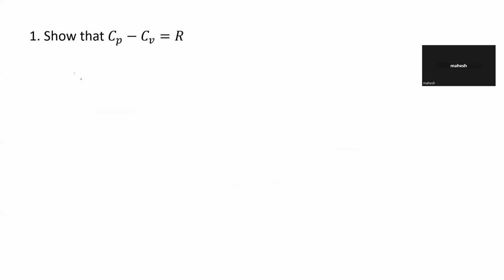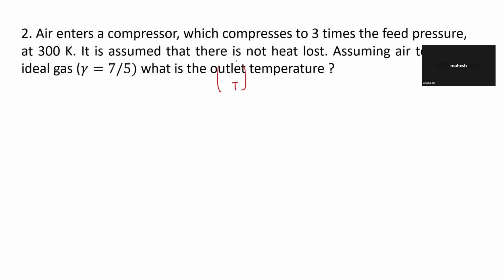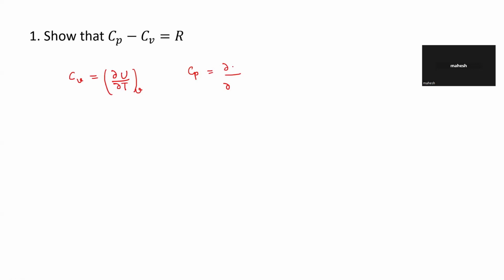So we have Cv is equal to dou U by dou T at constant V. And Cp is equal to dou H by dou T at constant P. So these are defined like this.